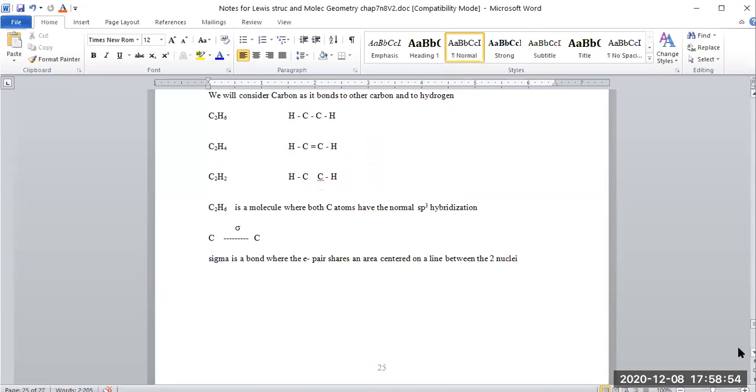All right. See the little squiggle that's sitting on top of the straight line there? This is known as a sigma, more fun Greek letters.